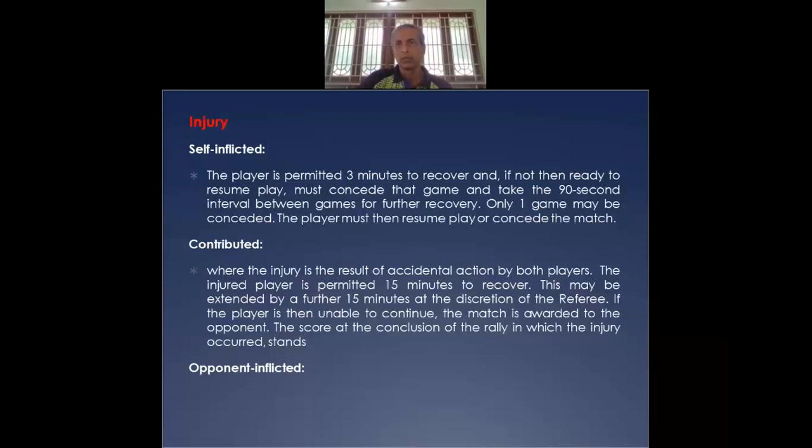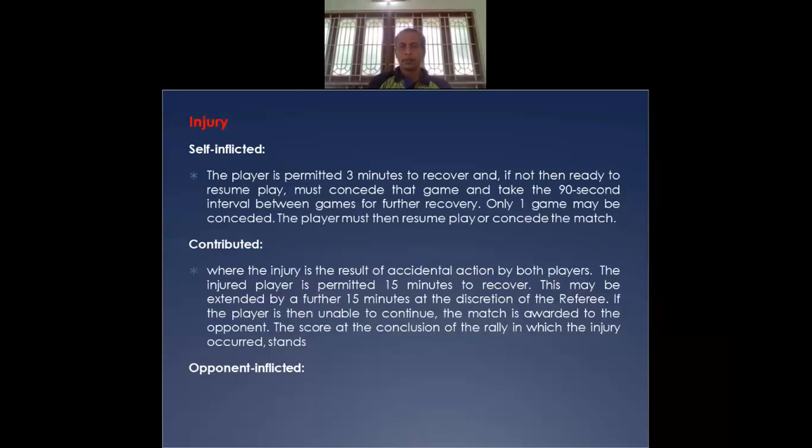Then there is the case where the injury is a result of an accidental action by both players, where there's a collision. This happens often because both players are on the same side of the squash court, in the same play area.